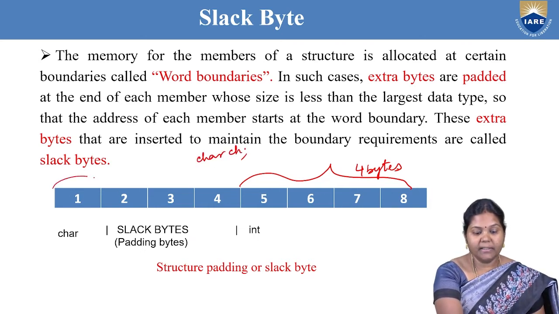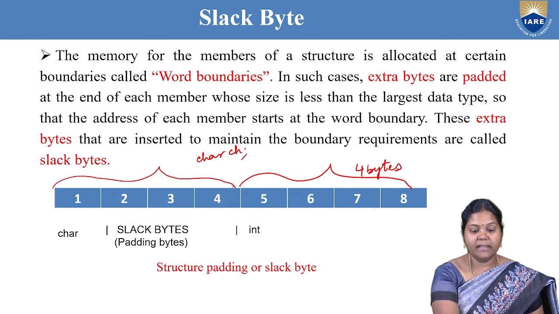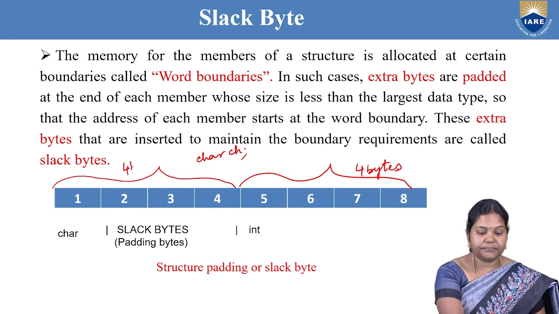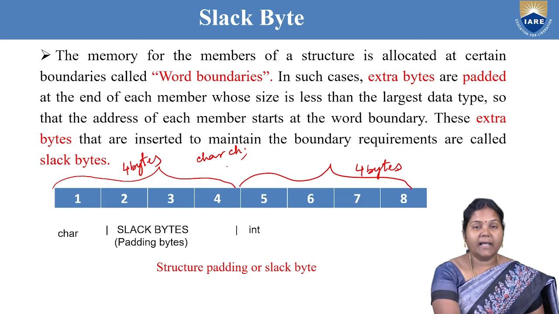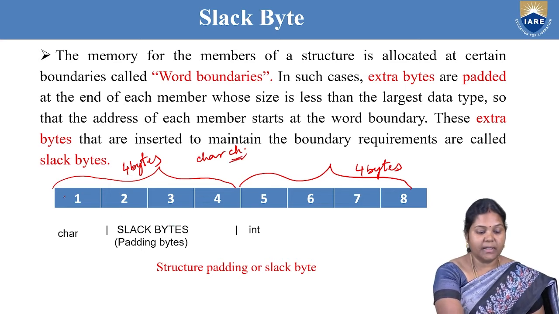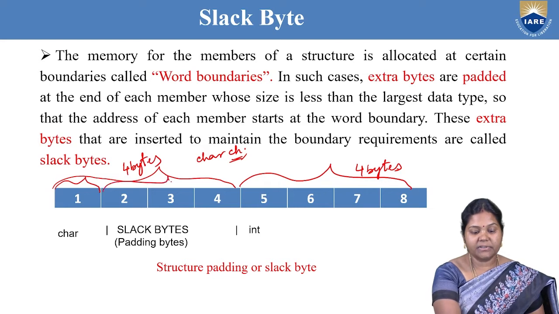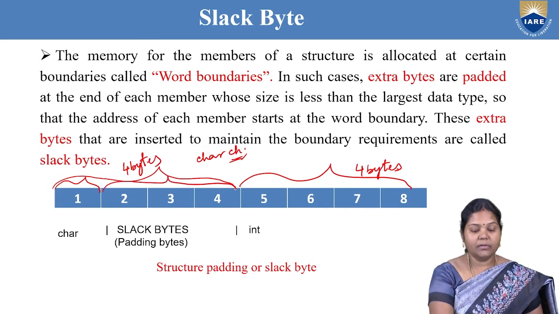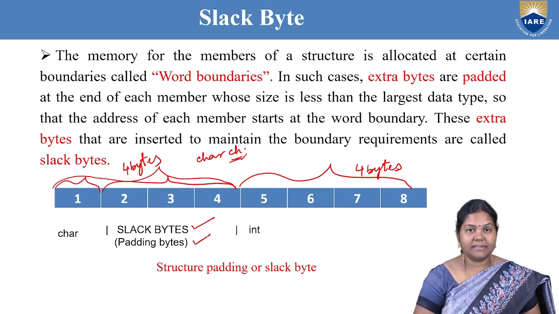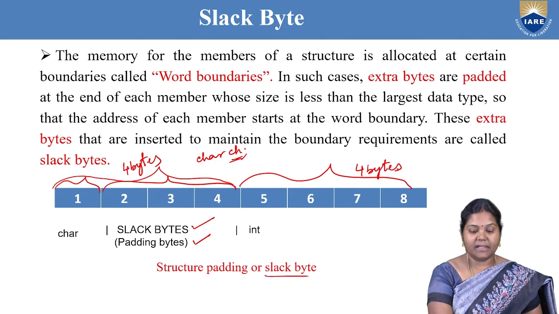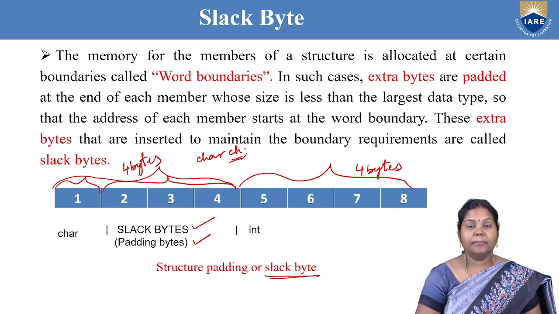But to maintain the word boundary, it internally allocates 4 bytes. The character type variable ch requires only 1 byte, so the remaining 3 bytes which have already been allocated are called slack bytes, or the extra padded bytes for the character type variable. These bytes are known simply as padded bytes or slack bytes.